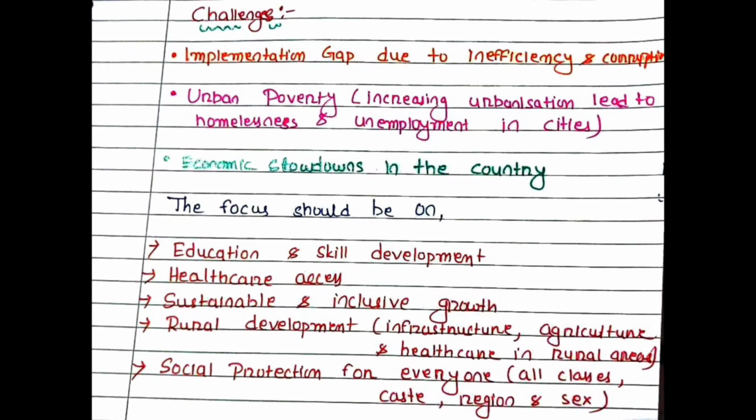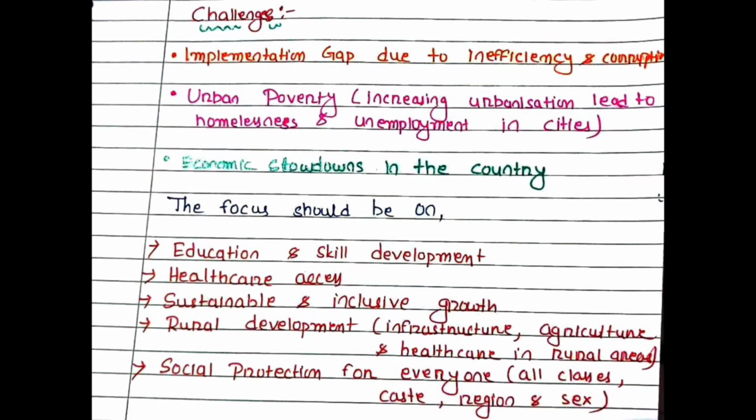It is known as urban poverty, and it is increasing day by day. Also, economic slowdowns in our country are a main cause of poverty. These are major challenges on the way to reducing poverty.